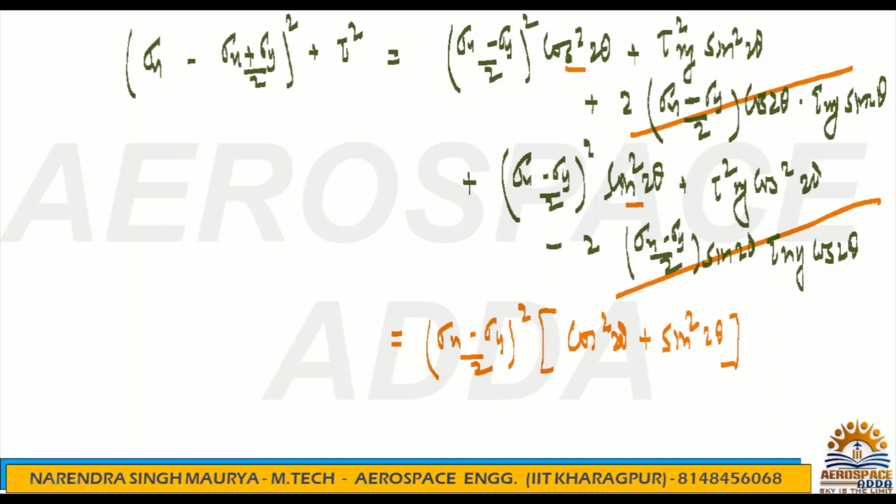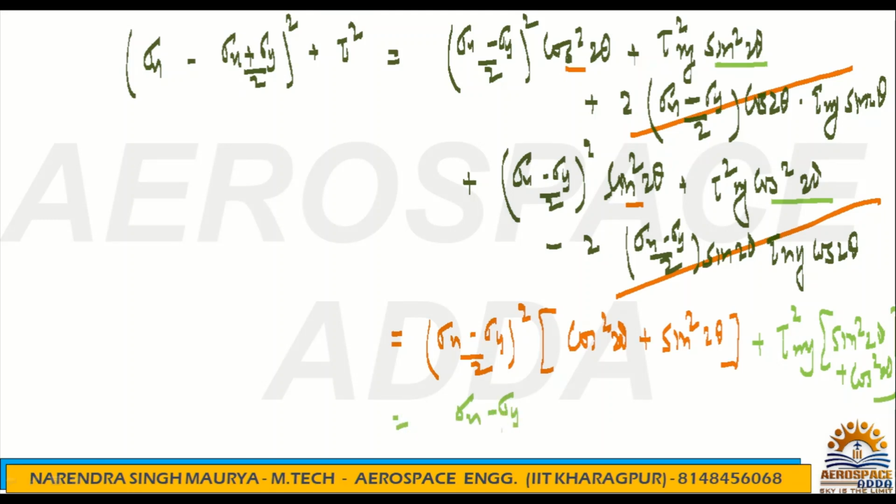Second, I'm going to talk about plus τxy², this part sin² 2θ plus this part cos². Now to take ((σx − σy)/2) whole square, what is this value? 1.